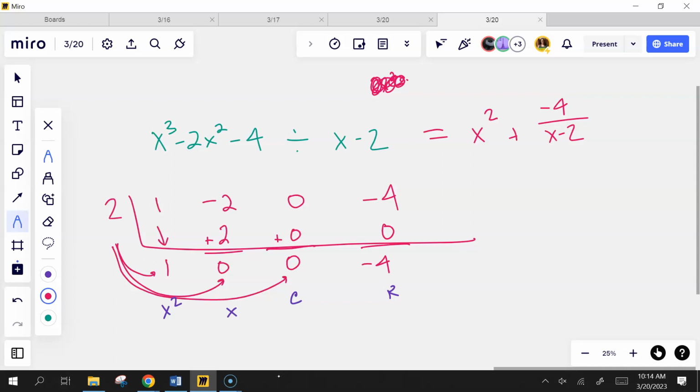Does that make sense? One more. See how fast they go once you get them? They'll be boom, boom, boom, boom, boom.